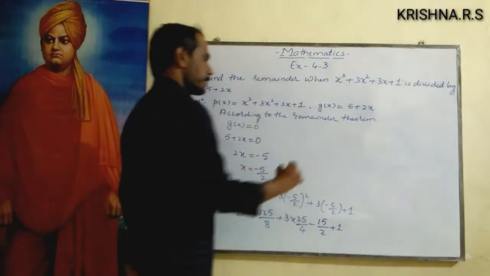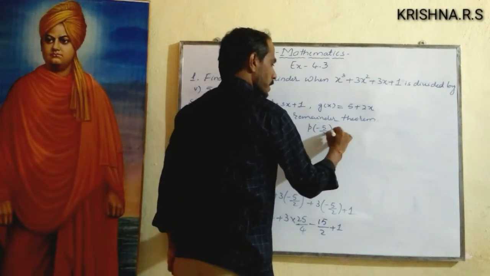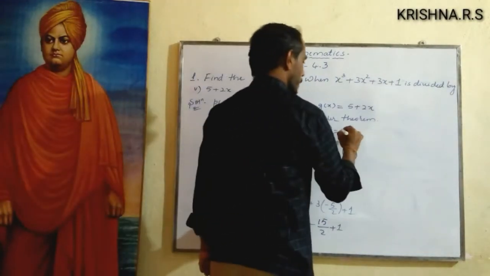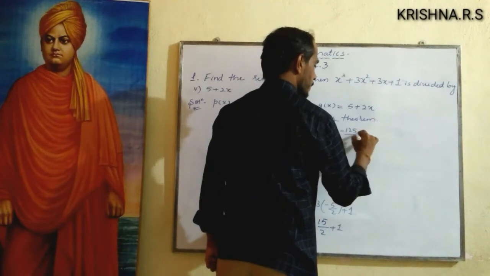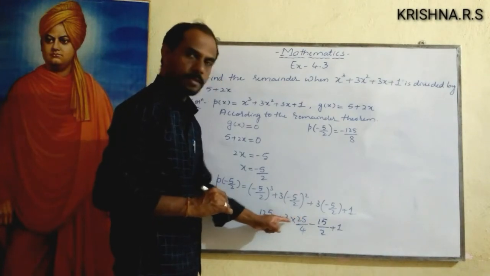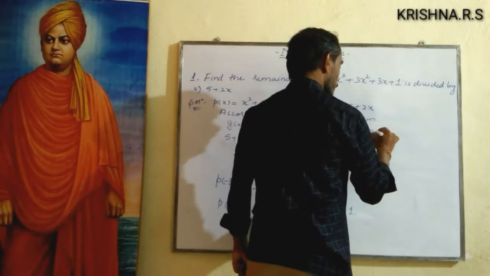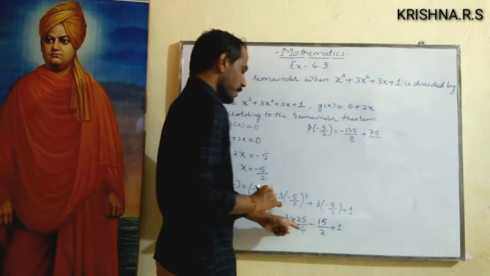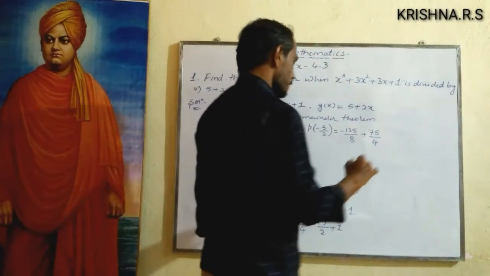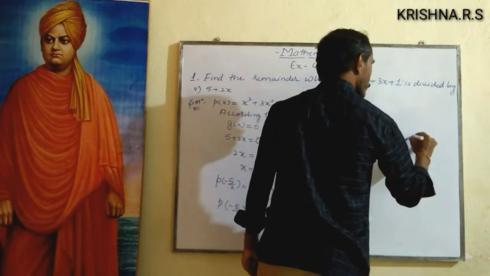The next step: p of minus 5 by 2 is equal to minus 125 by 8 as it is, plus 3 into 25, which is 75, by 4 as it is, minus 15 by 2, plus 1.